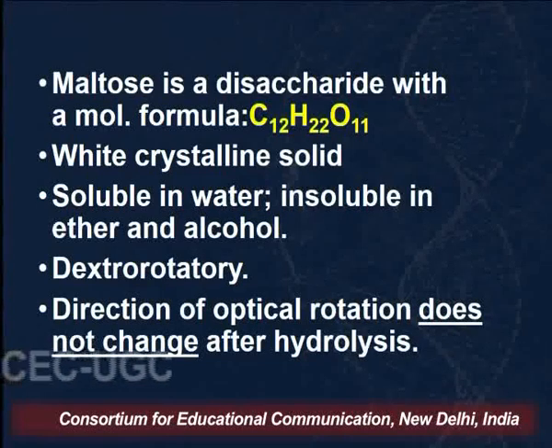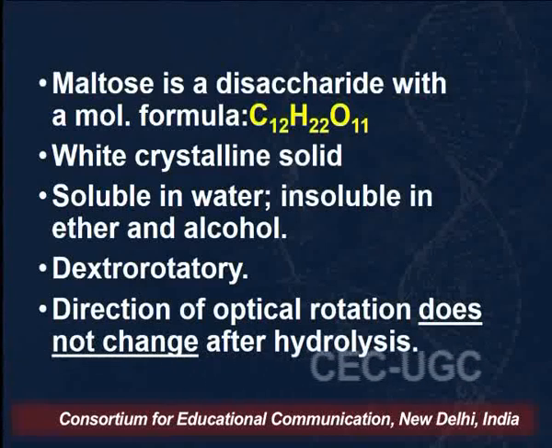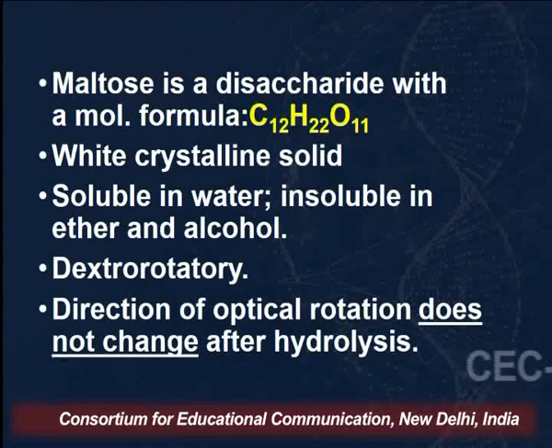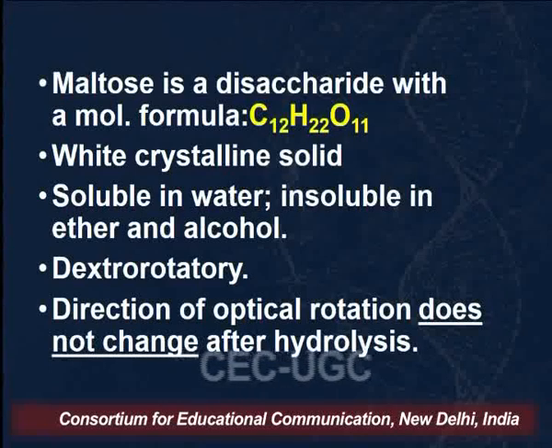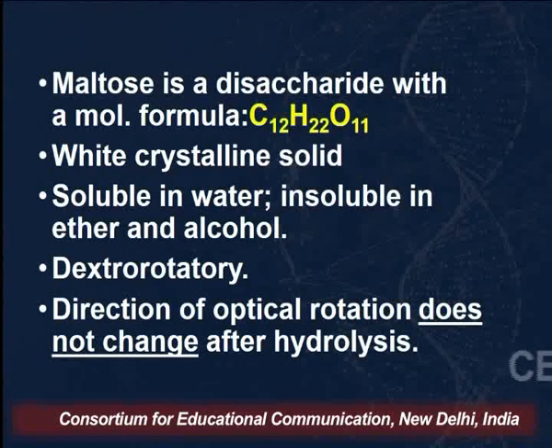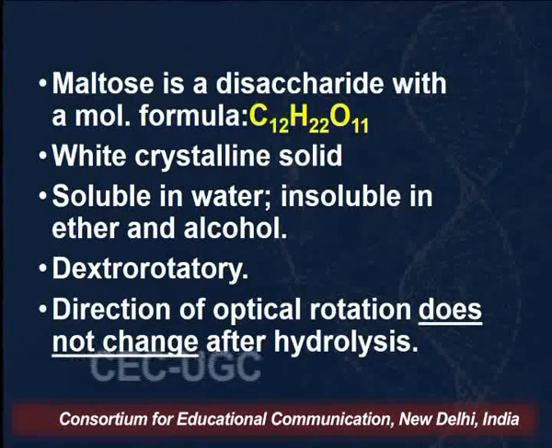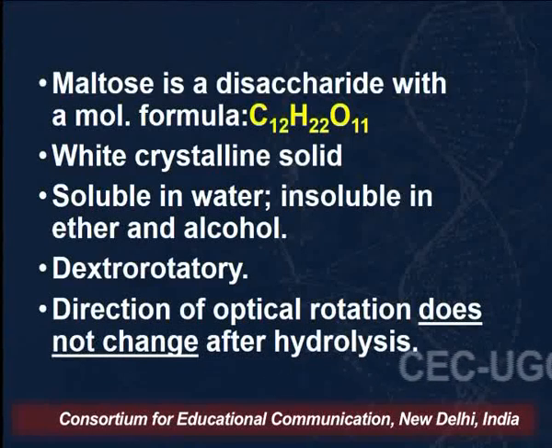Why molecular formula C12H22O11? Because 2 residues of alpha D glucose, each having molecular formula C6H12O6, have combined together to give us C12H22O11, that is a maltose disaccharide, with elimination of a water molecule.